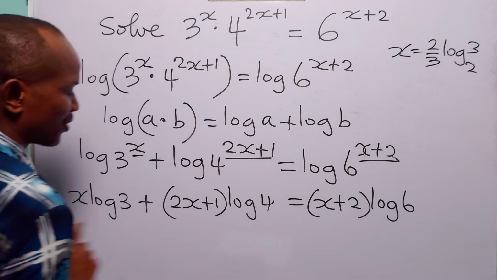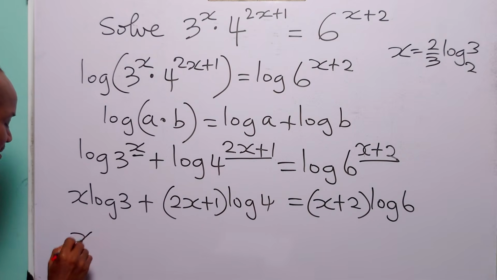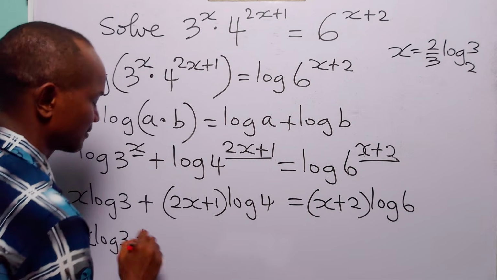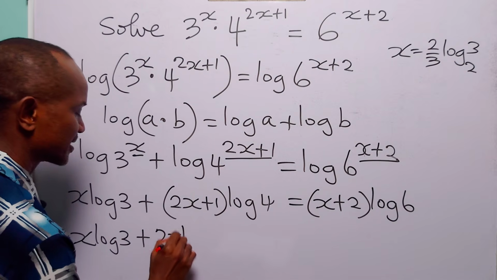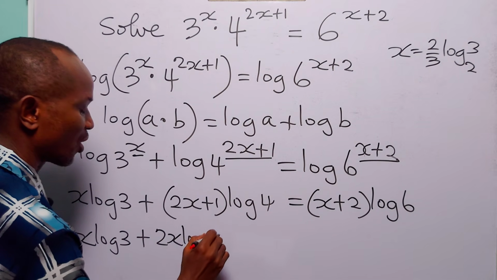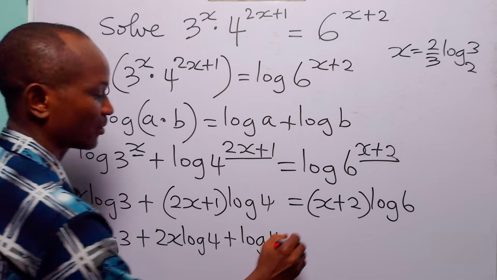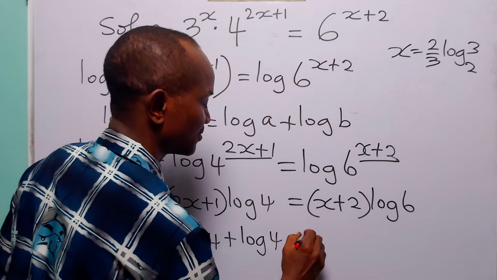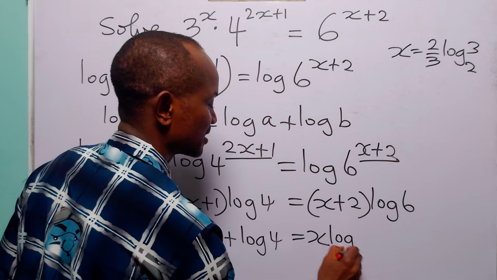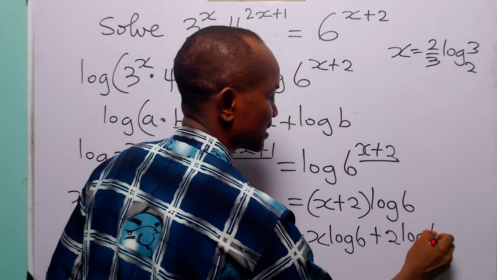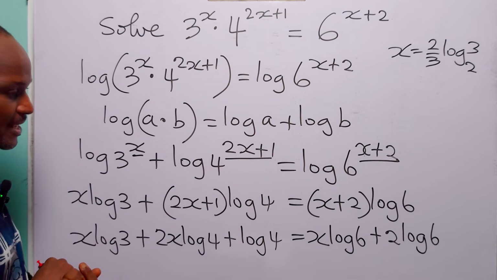Now let us open the brackets. We have x times log 3 plus 2x log 4 plus log 4. This is equal to x times log 6 plus 2 times log 6.